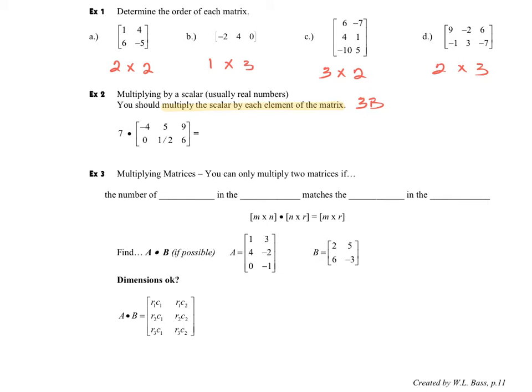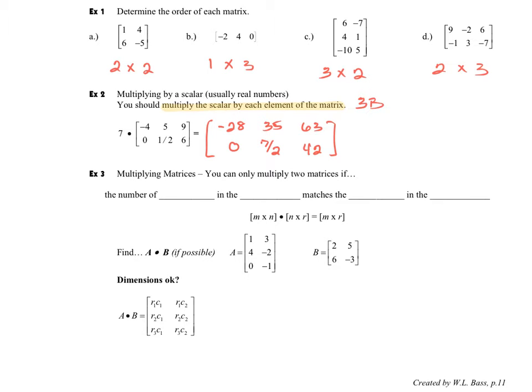So we could write this one out. It's negative 28, just multiplying that 7 times every element, 35, 63, 0. Then I'm going to write this as 7 halves. We could technically convert that to a decimal, but it's better to keep it as a fraction, and then 42. Put our brackets there, and we're good to go.